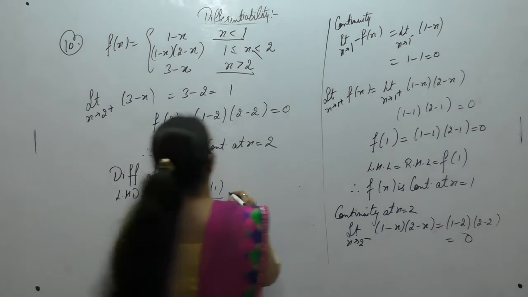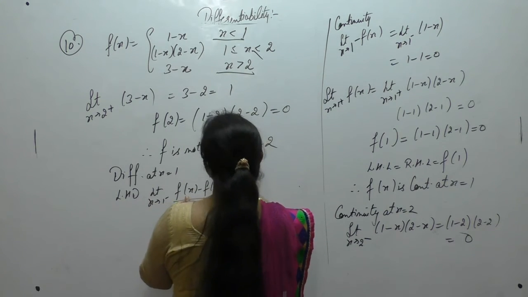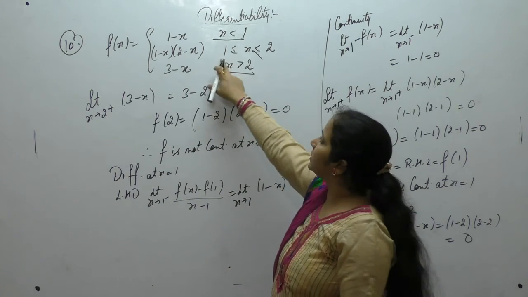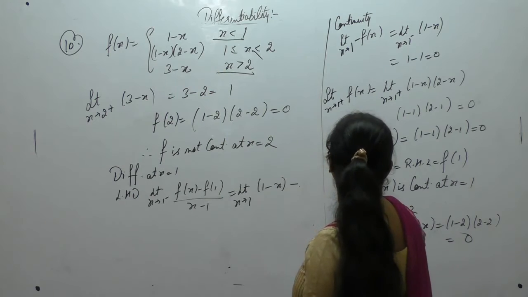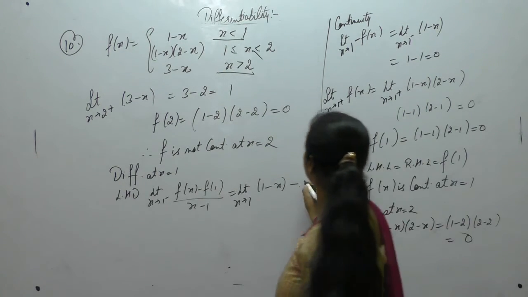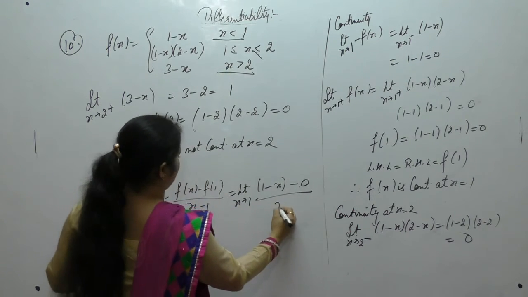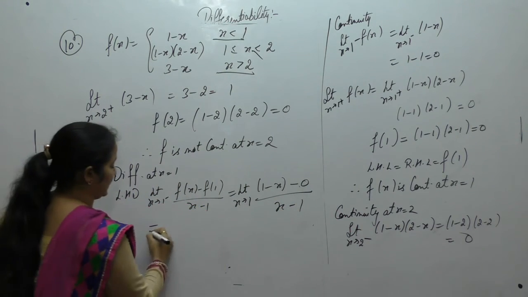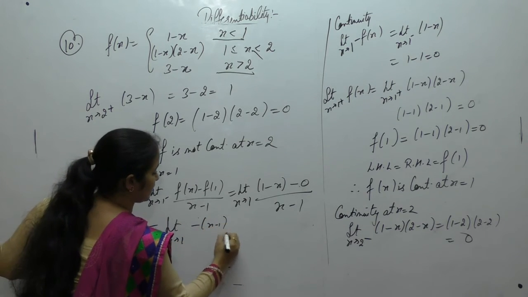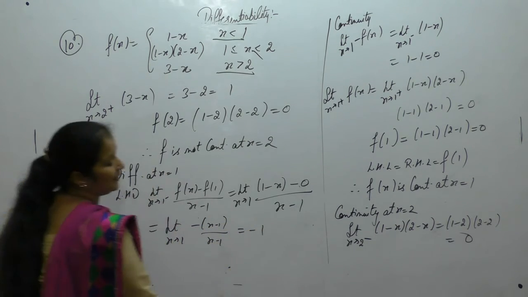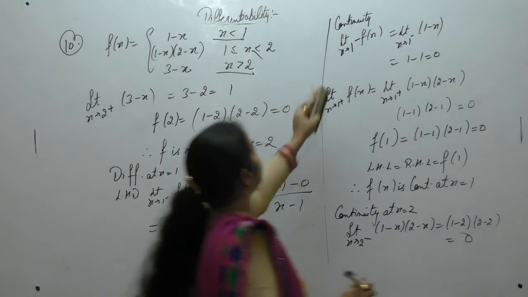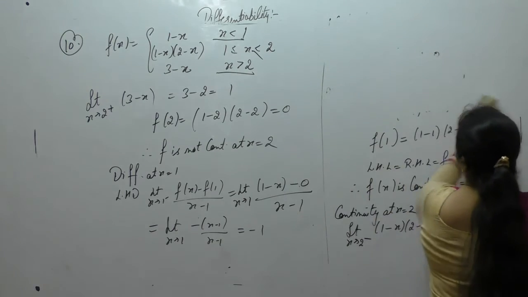So f of x has value 1 minus x, and f of 1 has value 0, upon x minus 1. Now right hand derivative.